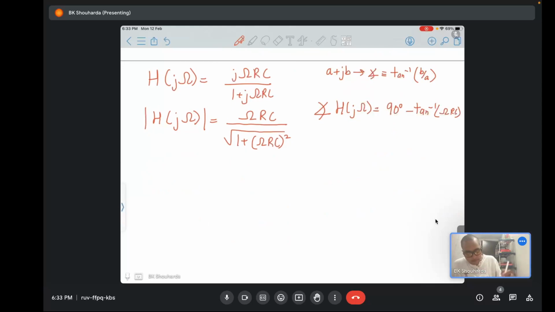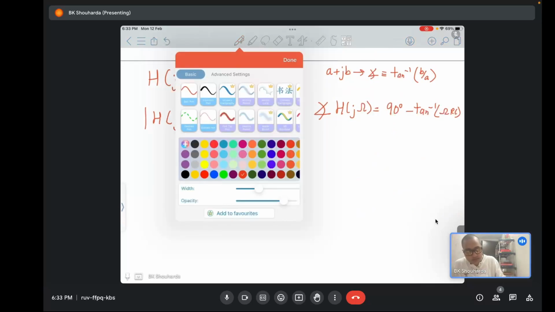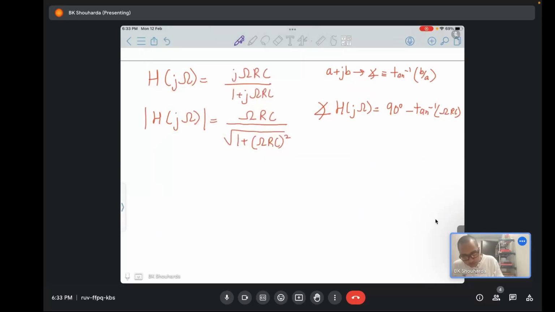Now, how do I plot the magnitude spectrum, or how does it look when omega is very close to 0? Mod of H is around 0 by square root of 1 plus 0 square, that's 0. That means very small frequencies are not being allowed by this system. And why is that so?